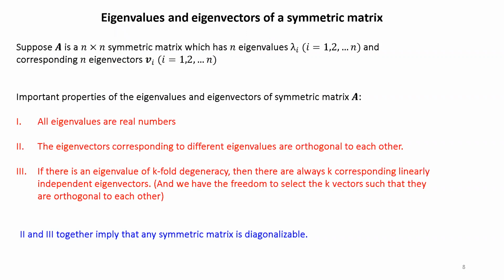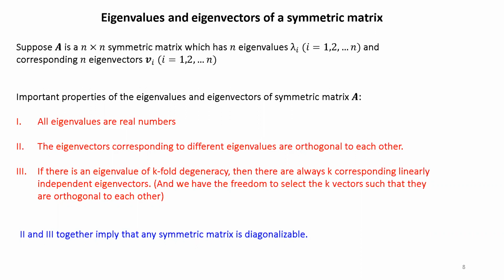But here what it tells us is that whenever you have a symmetric matrix, it is guaranteed that all the eigenvalues are real numbers. So this is one nice thing. Actually the proof is not very long and complicated, and I'll talk about that.